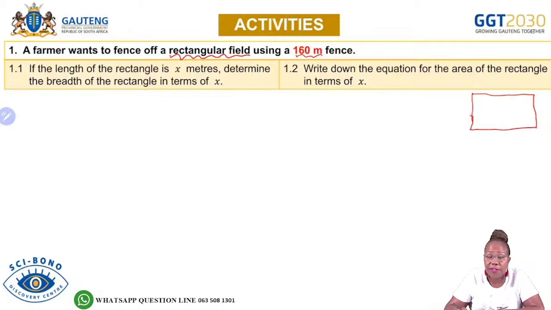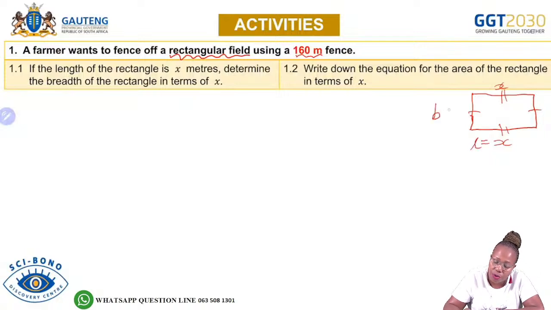And then remember, if it's a rectangular one, the opposite sides will be equal. Now, the first question wants us to address if the length of the rectangle is x meters. That means now the length is x, the same as that one is x side there. Determine the breadth of the rectangle in terms of x. So this is our length, which is equal to x.